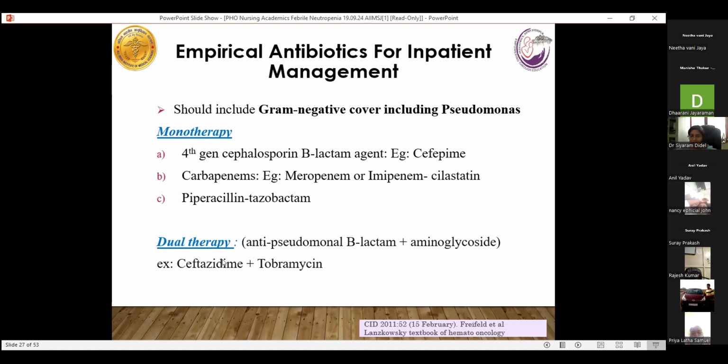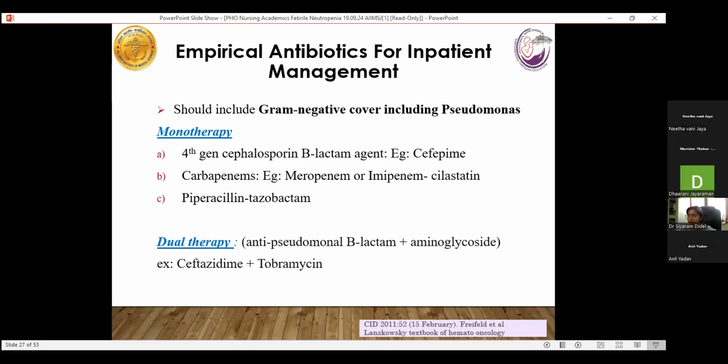And in dual therapy, we have to give anti-pseudomonal beta-lactams plus an aminoglycoside. But this antibiotic policy has to be streamlined or individualized as per the institute protocols or the institute culture sensitivity.